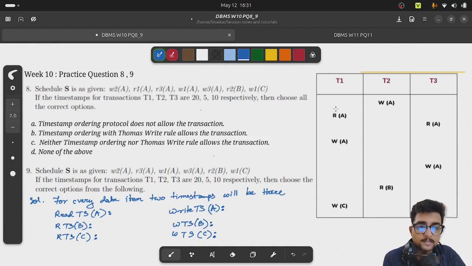So in this case, transaction T1's timestamp is 20.